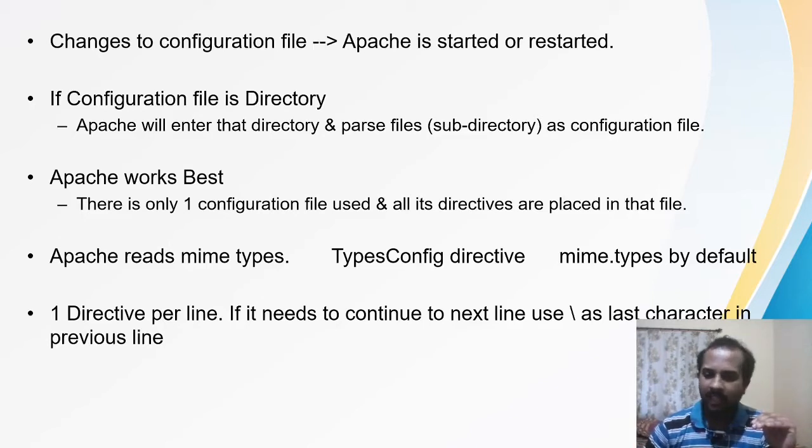If the explanation is still too much, I again continue writing and at the end of the line use the backslash again. Usually one directive takes one line, but in certain cases we require 2 or 3 lines. At that time we use the backslash as the last character of the previous line.